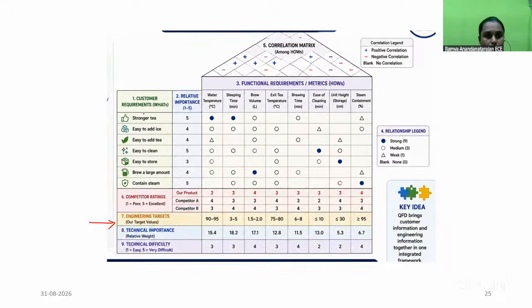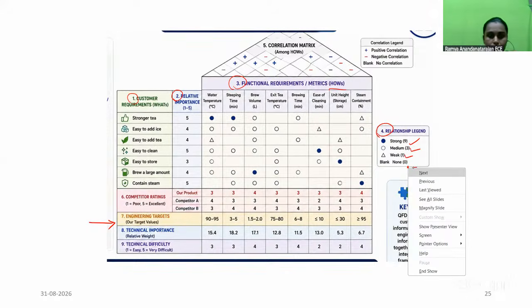So first step was customer requirements, second step was the relative importance, third we listed the how, that is the functional requirements, how is listed, what importance, then how. After that we formed the relationship legend, that is strong, medium, weak and no relation. So this is listed.